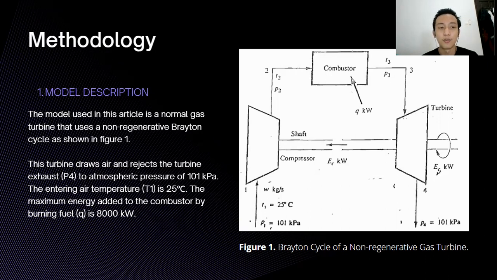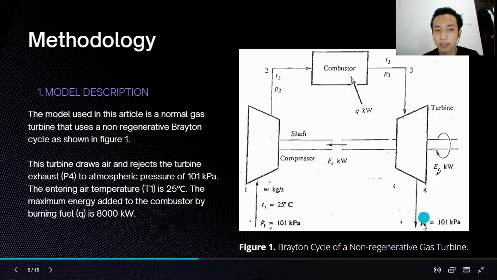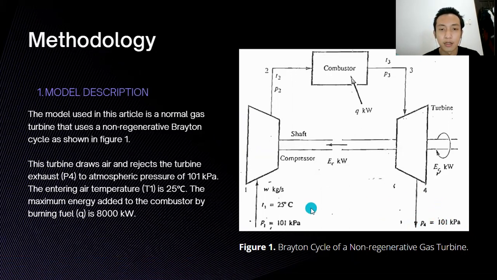This turbine draws in air and rejects the turbine exhaust at point 4 to atmospheric pressure of 101 kilopascal. As we see here, it is 101 kilopascal. The entering air temperature, or temperature at point 1, is 25 degrees Celsius. The maximum energy added to the combustor by burning fuel, or Q, is 8,000 kilowatt.